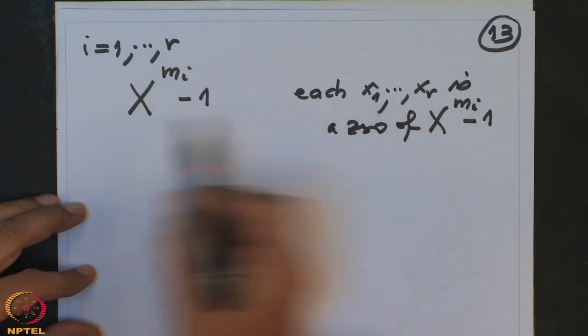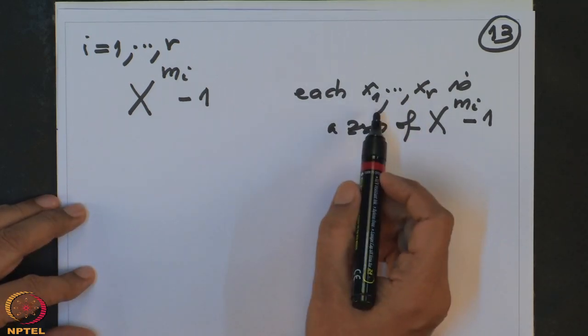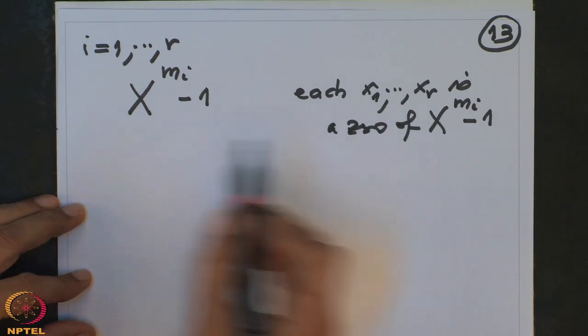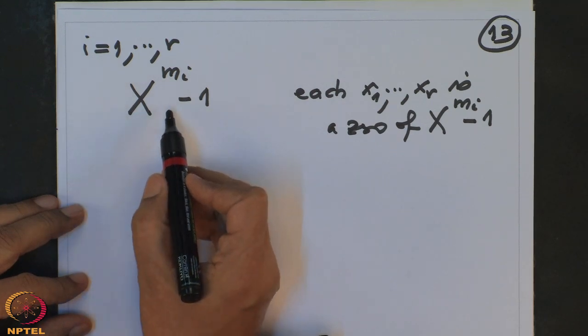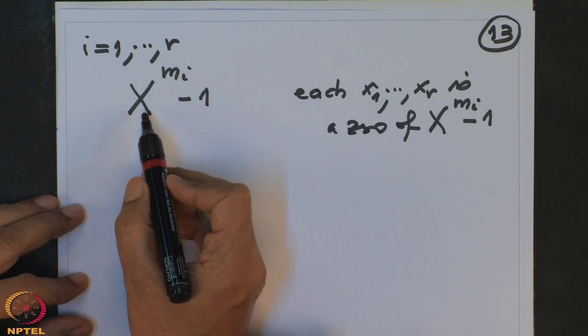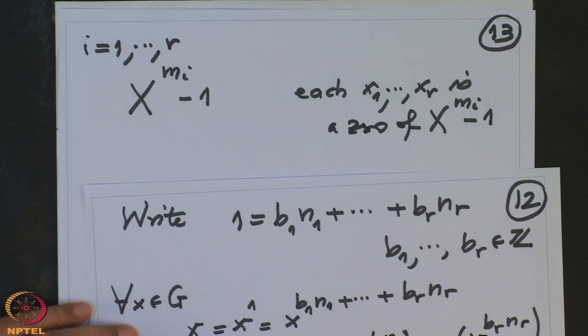It has at most mi zeros, and I know it has so many zeros. I want to claim that it has exactly mi zeros, because we have proved that every element of G is a product of x1 to xr.